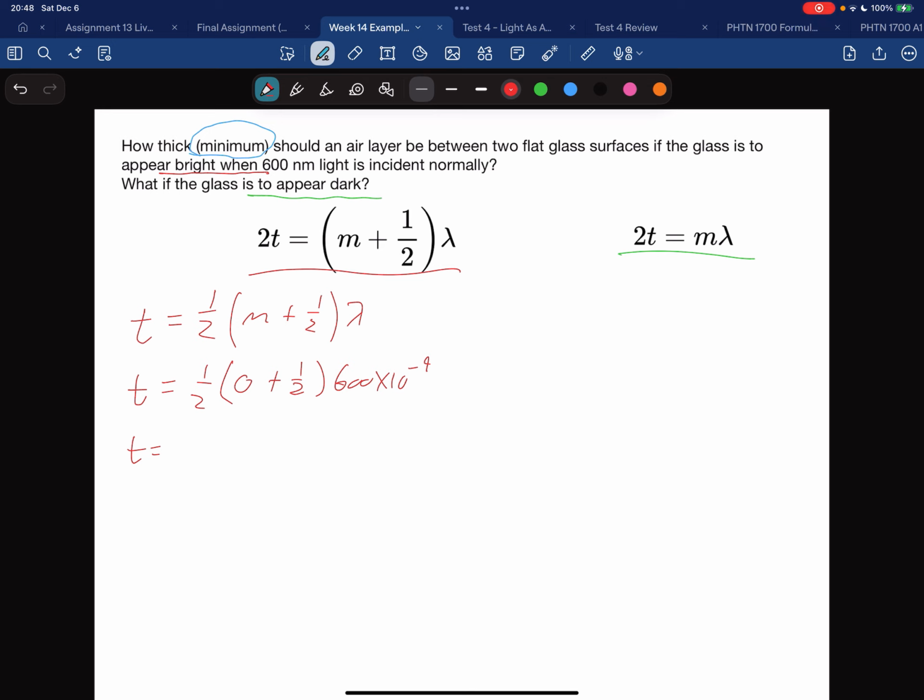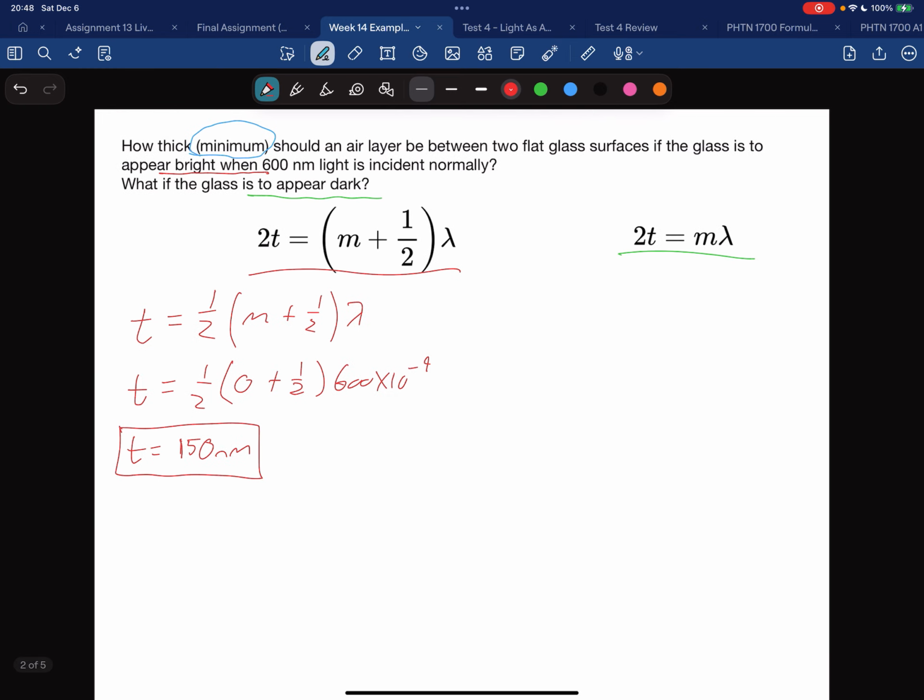So that gives us something. I got 150 nanometers. So that was for the first part.